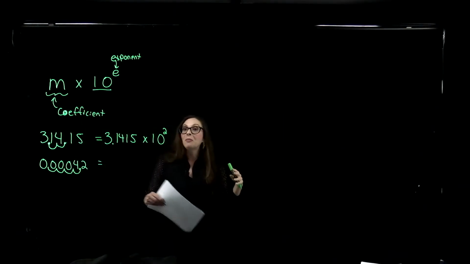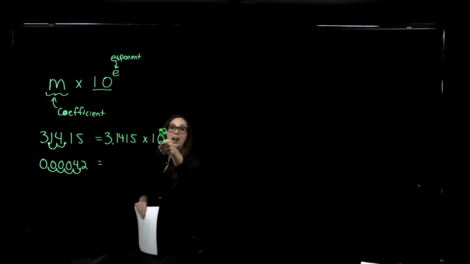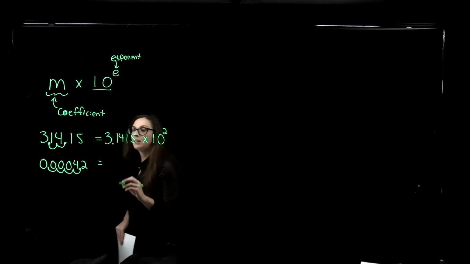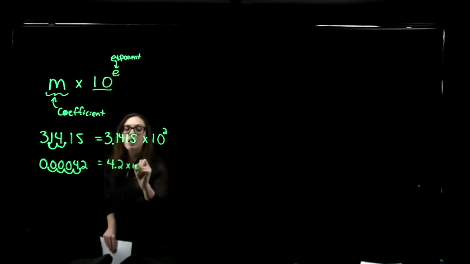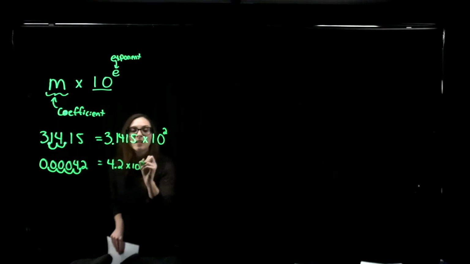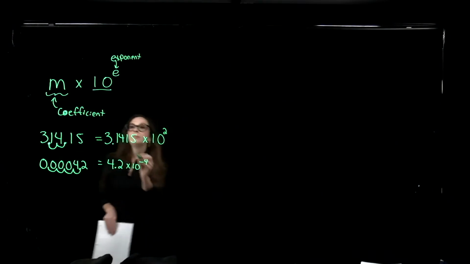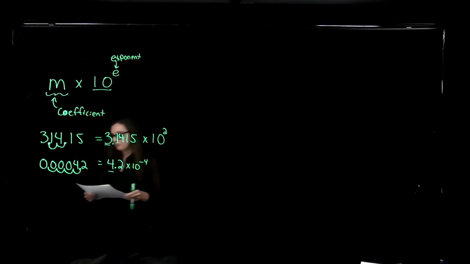And when I move my decimal to the right, I have a negative exponent on my 10. That means that that number is smaller than 1. So this number becomes 4.2 times 10 to the minus 4. So normalized scientific notation means that there's only 1 digit in front of my decimal spot.